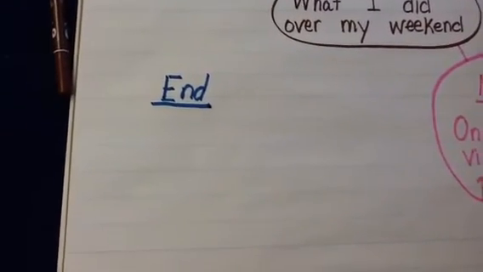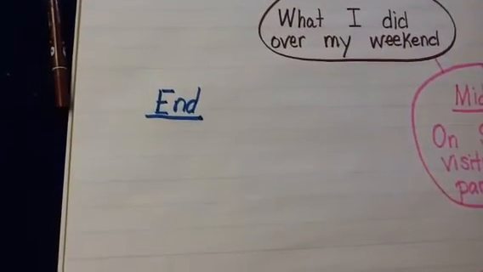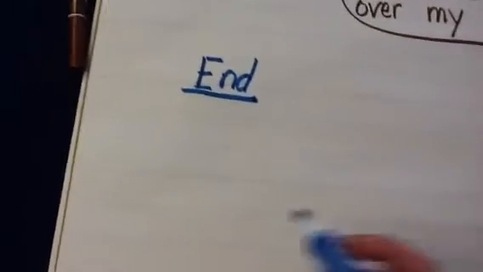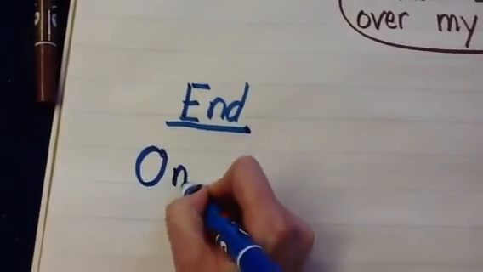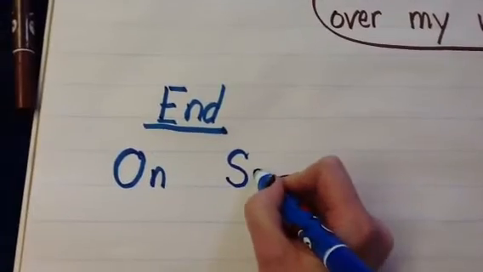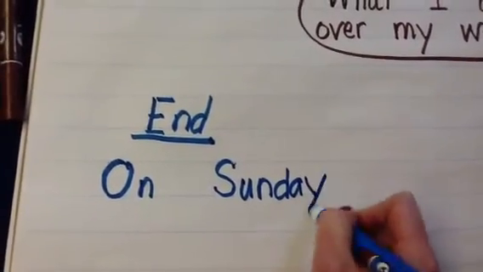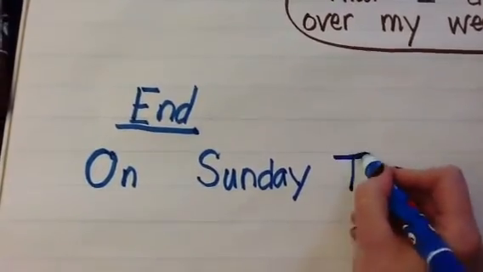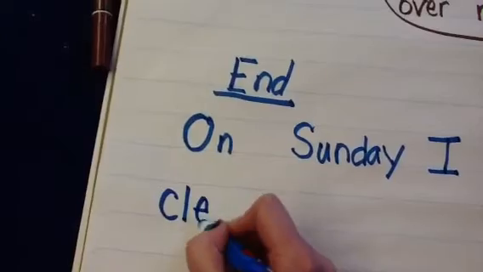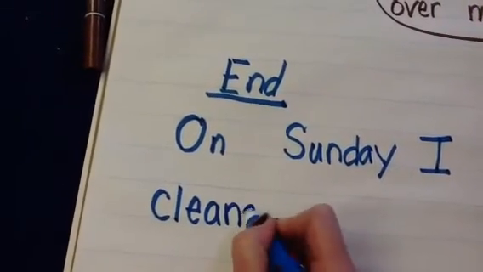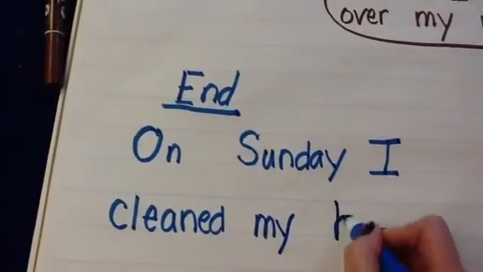Next, I need to tell you what I did at the end of my weekend. On Sunday, so I'm going to include that detail. On Sunday, I cleaned my house.